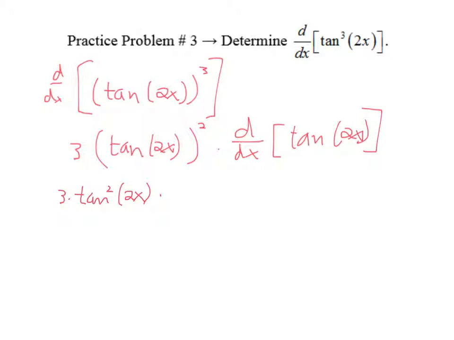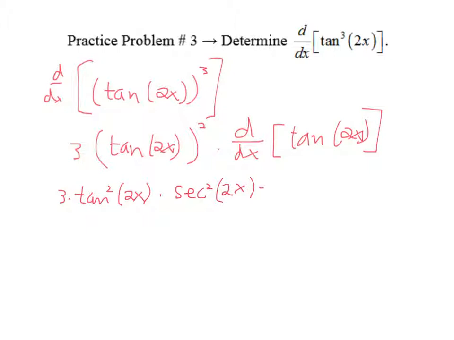So what's our outside function here? Yeah, it's the tangent, right? Tangent's our outside function. So what is its derivative? If you need to go back and look it up, it's a good idea to do that. I'll provide the answer this time, but tangent's derivative is secant squared, right? So it would be secant squared of whatever's inside there. We're not going to do anything to the inside function, so we'll just leave that 2x alone.